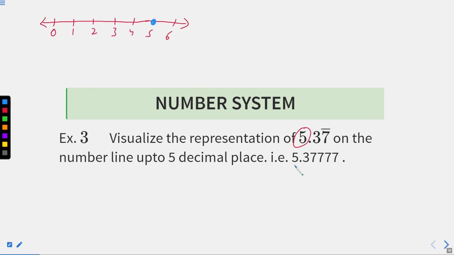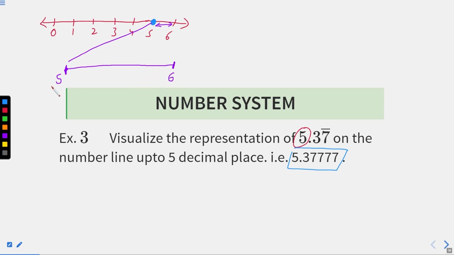Now we have to plot this. The region which we have to magnify is 5 to 6, this region. So we magnify this region. Now the starting point is 5, the ending point is 6.